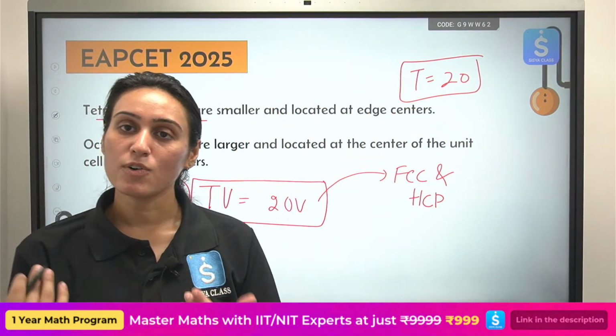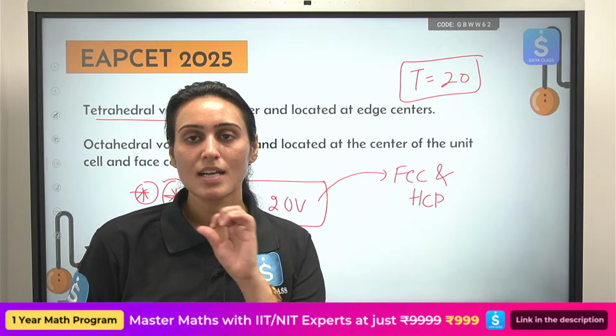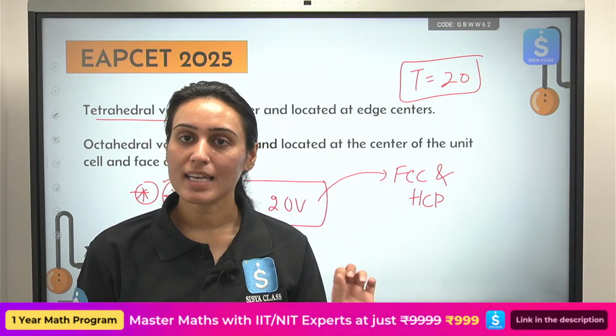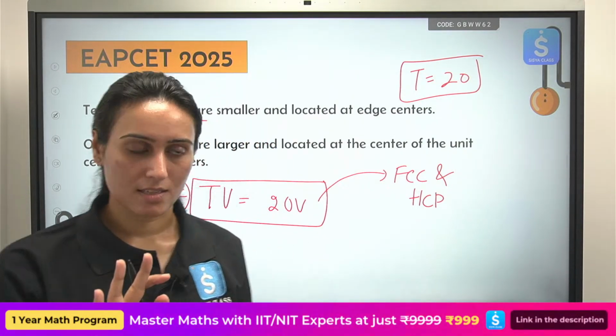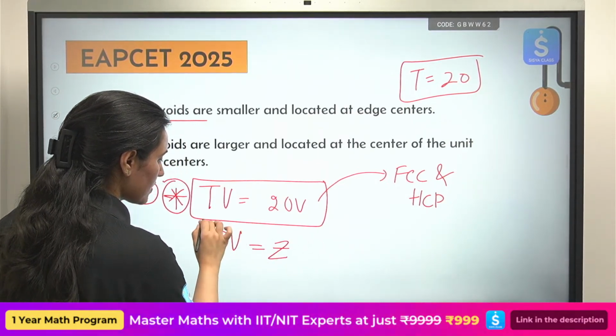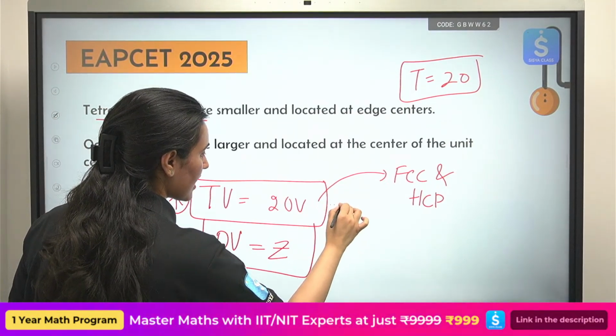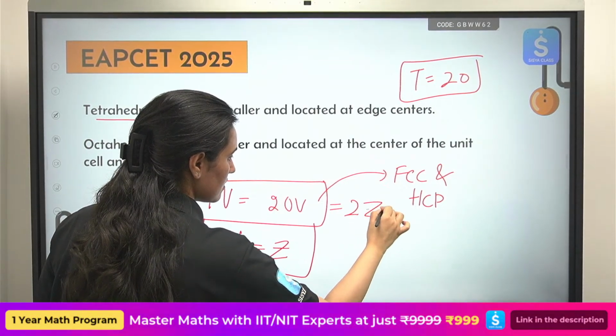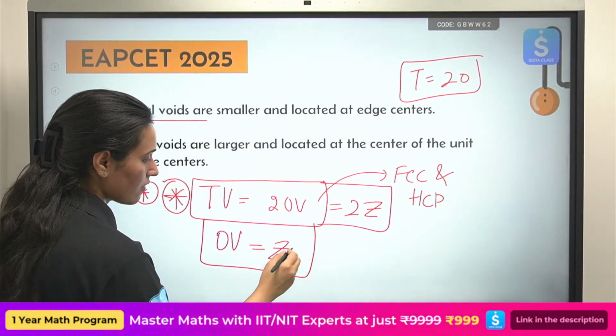And how do we know number of octahedral voids? Number of octahedral voids you will find are equal to the number of atoms per unit cell. Based on that, you may write tetrahedral voids as 2Z. What is Z here? Number of atoms per unit cell.